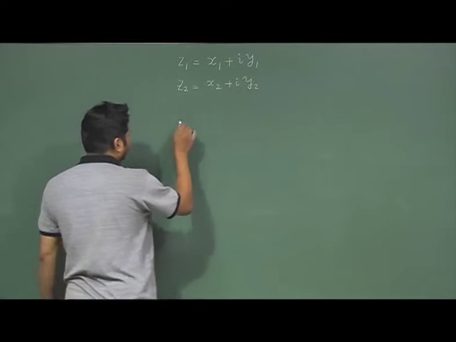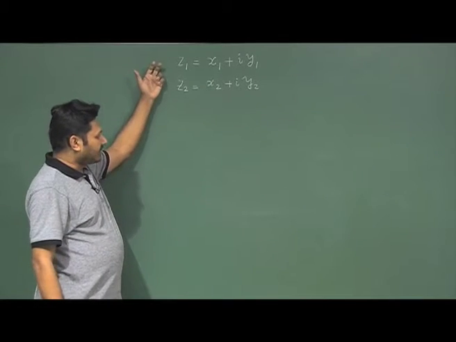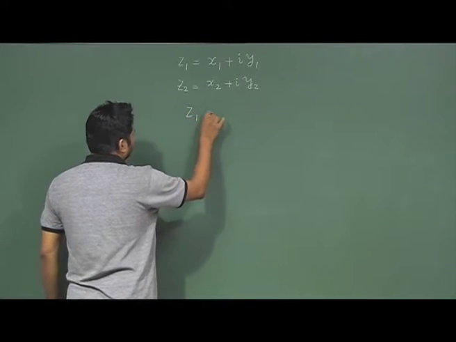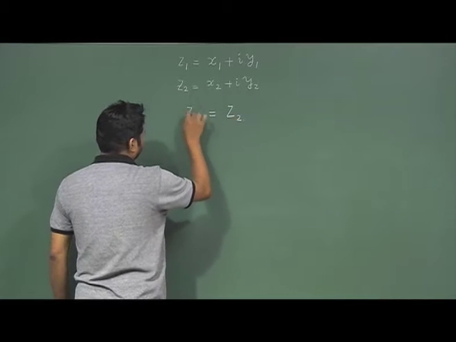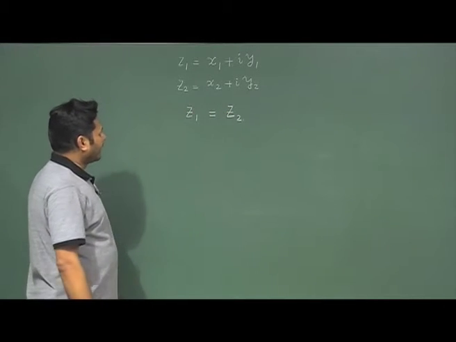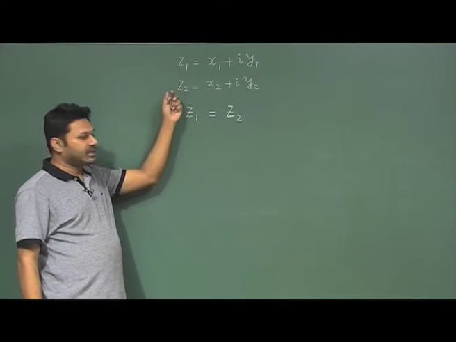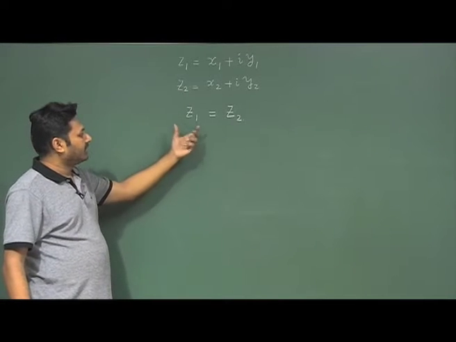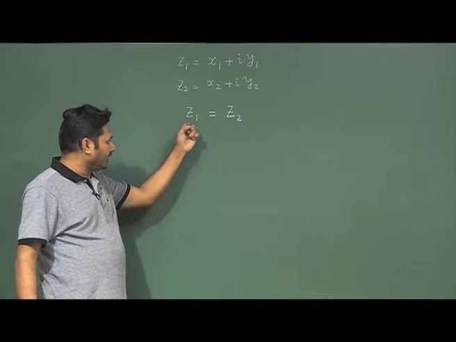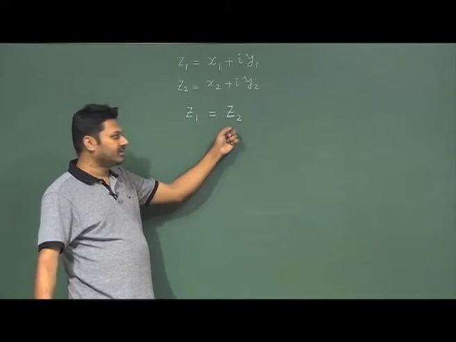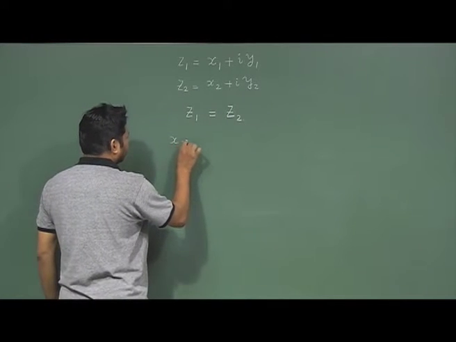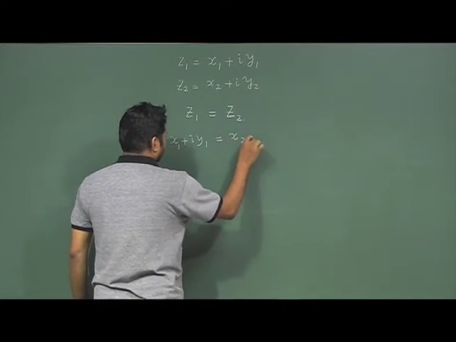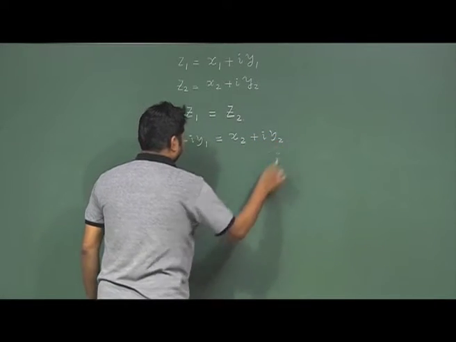Now, an interesting thing, the first fundamental thing that I should have mentioned earlier: if I say z1 is equal to z2, and I add these two things, I subtract those two things, which is important because this is the basic operation that we always do. But before that we need to know that if two quantities z1 and z2 are equal to each other, what is the meaning of that? That means x1 plus i y1 is equal to x2 plus i y2.